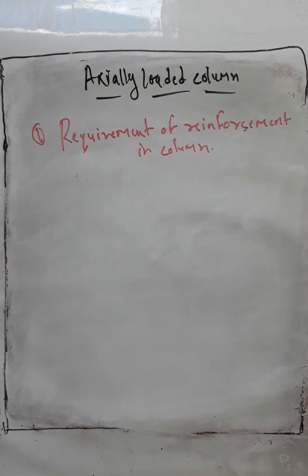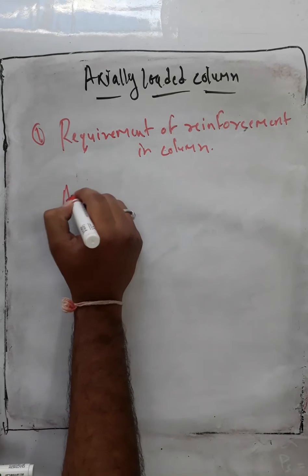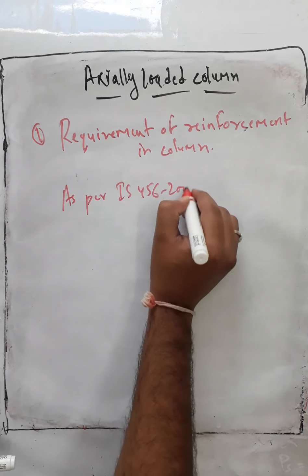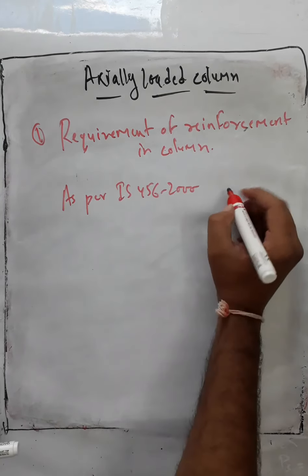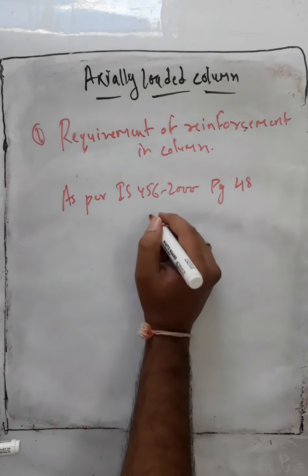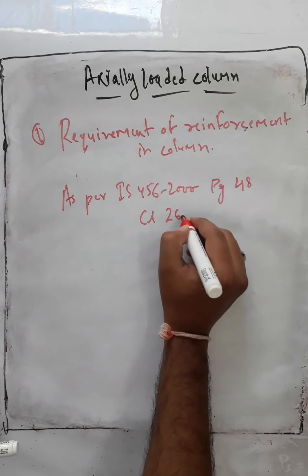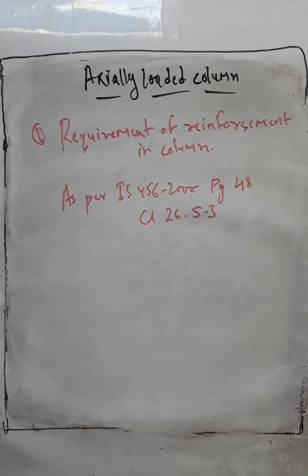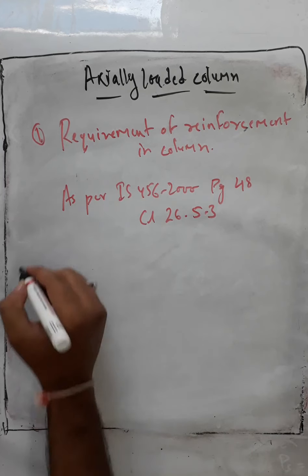We require longitudinal reinforcement and lateral reinforcement. As per IS 456 2000, page number 48 and clause number 26.5.3, we discuss some provisions made for requirement of reinforcement in column.